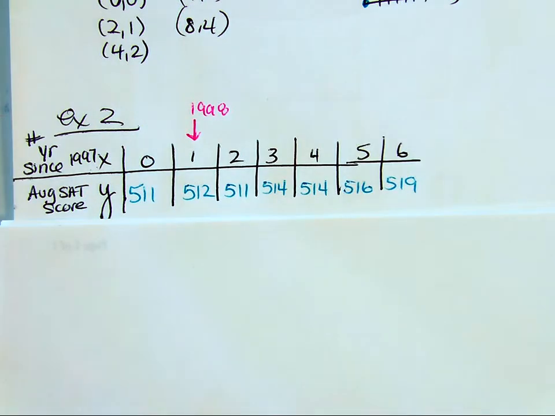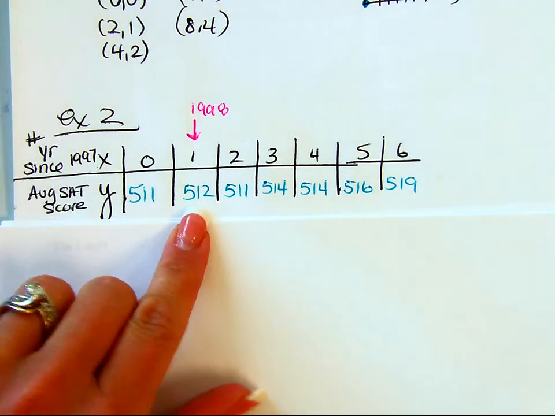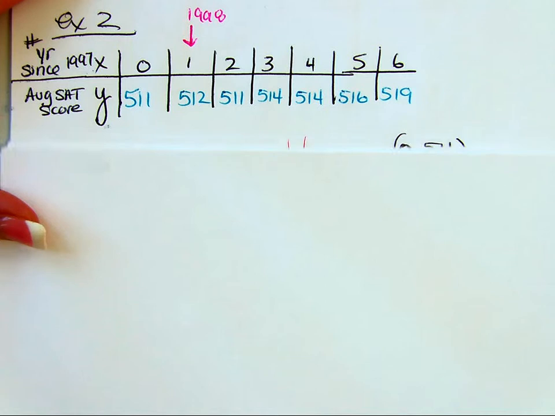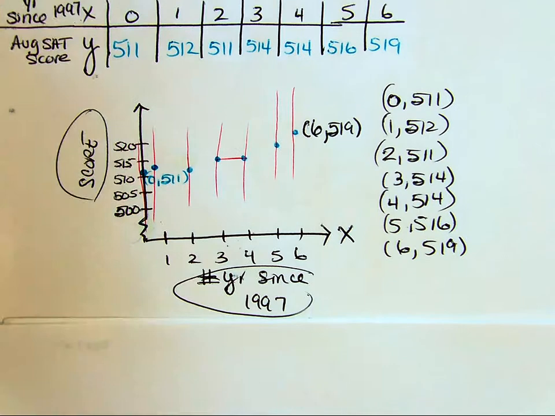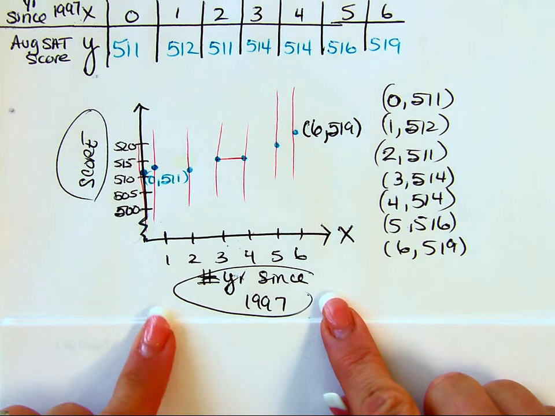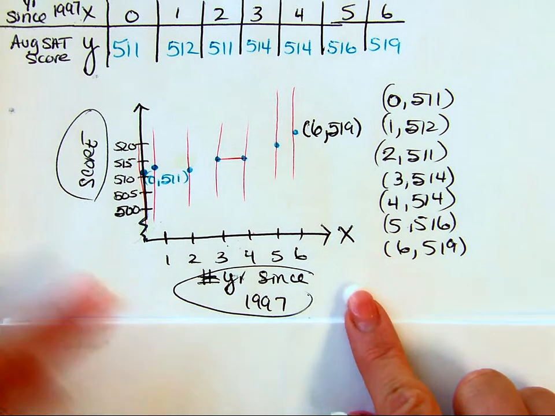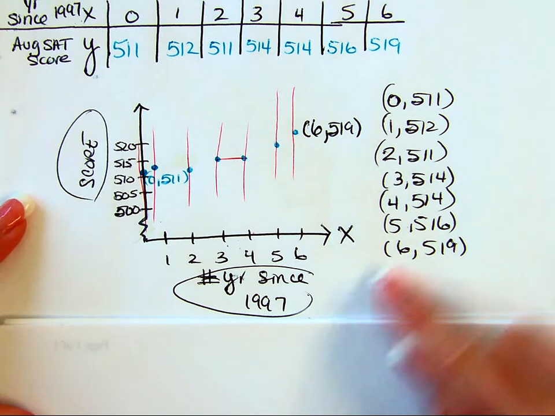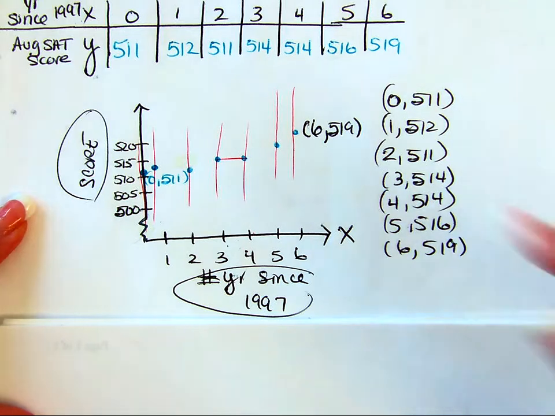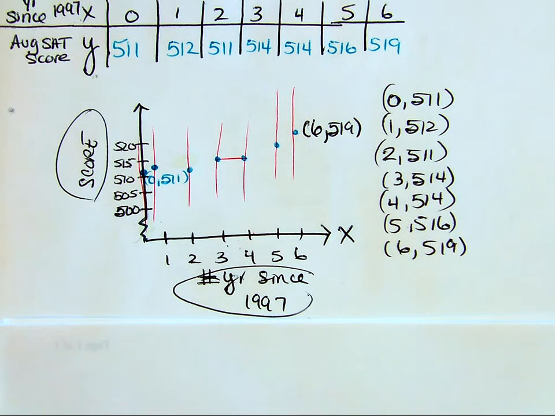Okay, and this happens to be the average SAT score. So I'm at 511, 512, 511, and then when we plot this, we have our years since 97 here on our x-axis, our score over here. These are our ordered pairs that resulted from our table.